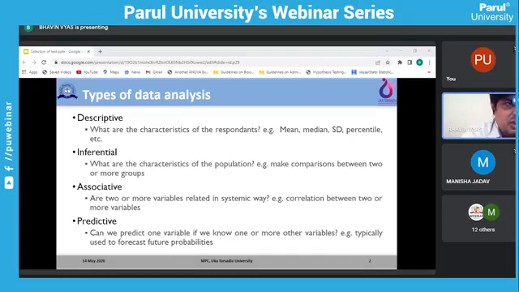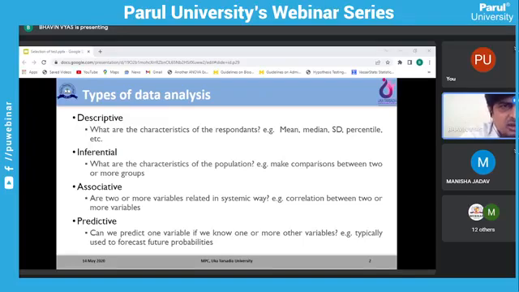The third type is known as associative type of data analysis, where we check whether two or more variables are related in a systematic way or not. That is nothing but correlation, regression. That is, whether correlation between two or more variables is there or not. You might have learned a subject called pharmaceutical analysis, where you learned that if you increase the concentration, the absorption will also increase for a particular compound.